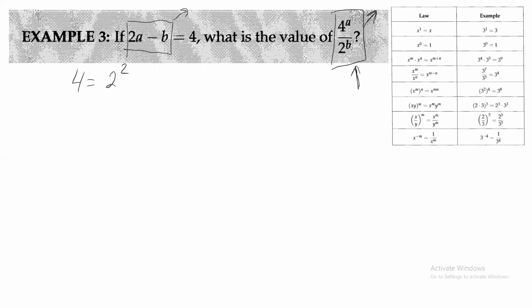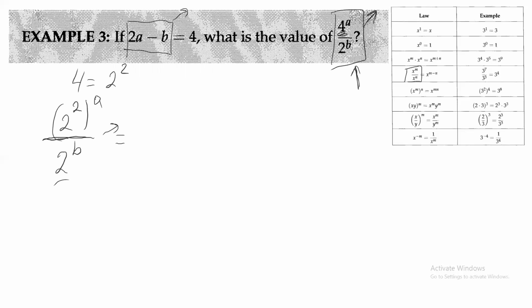So this expression can be written as 2 to the power of 2, to the power a, divided by 2 to the power of b. From this part, we can use law number 4 to write this expression in another form.